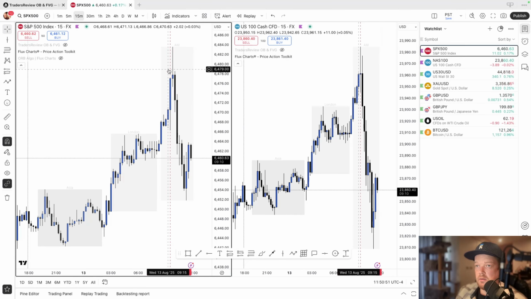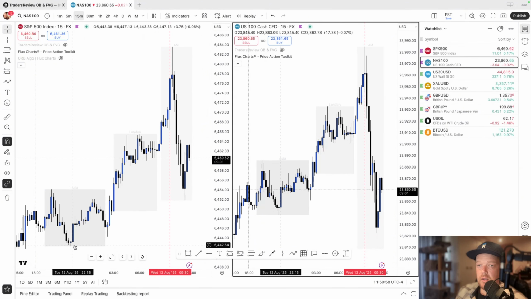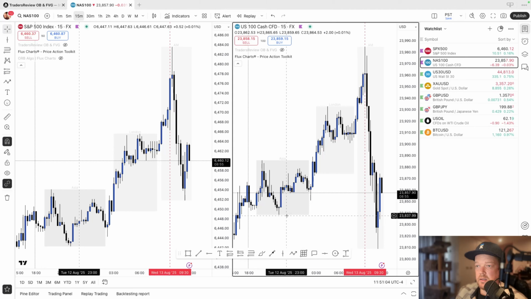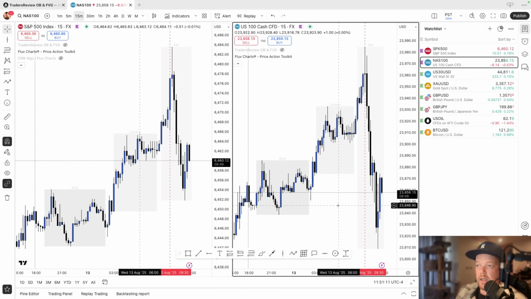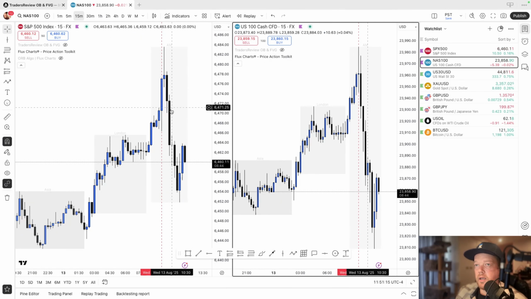As you can see right over here, London highs was taken on both pairs. Currently, Asia lows has not been taken on the S&P 500, but it was taken recently, in the last 30 minutes, on Nasdaq. But let's see what happened at New York Open.